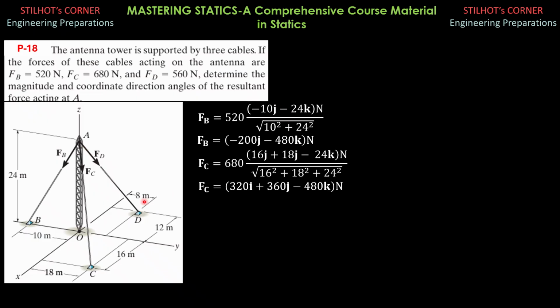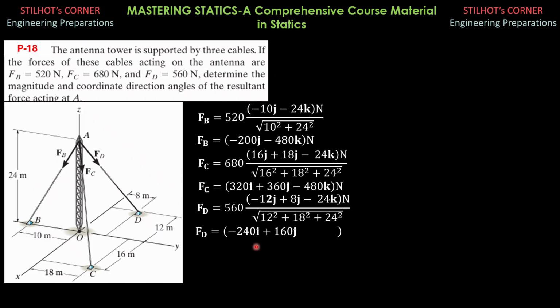Then FD is magnitude 560 times the quantity negative 12i, positive 8j, then negative 24k over the square root of 12 squared plus 8 squared plus 24 squared. And that is equal to negative 240i plus 160j minus 480k.